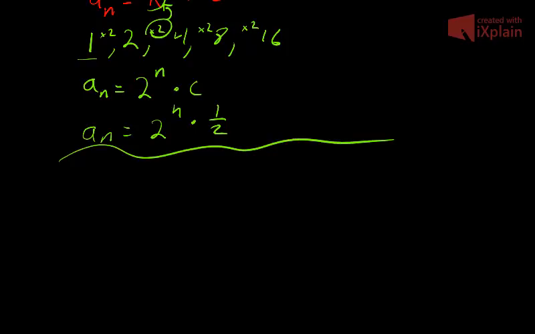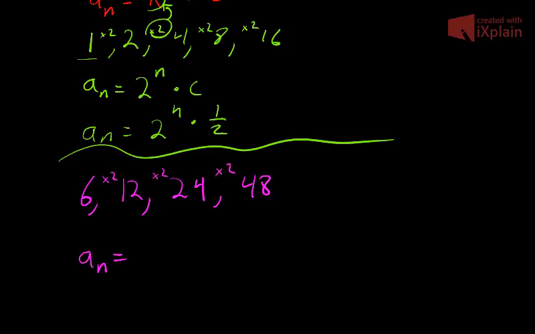Let's do 6, 12, 24, 48. So if we look, every time here we're still multiplying by 2. Times 2, times 2. And I told you all we would start with a sub n equals whatever we're multiplying by, which is 2 to the power of n. My first term here is a 6. 2 to the power of 1 is 2.